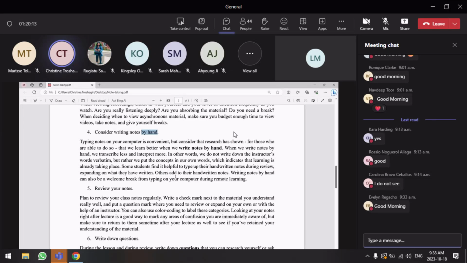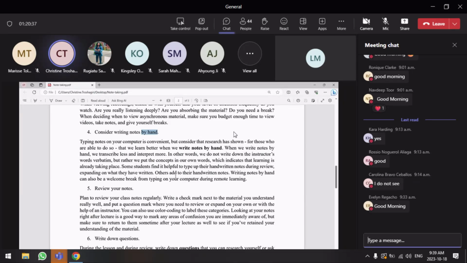However, that should be done during the revision period, whenever you are reviewing those notes. Whenever you are taking notes, it is recommended by academic directors and researchers to do that by hand.